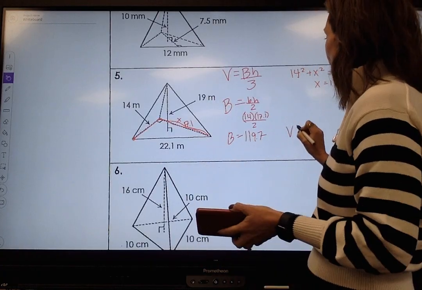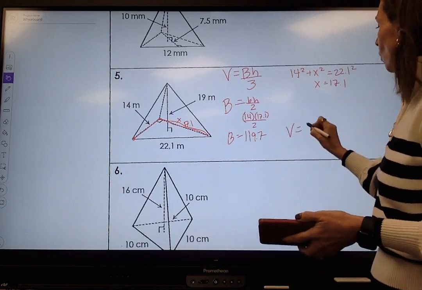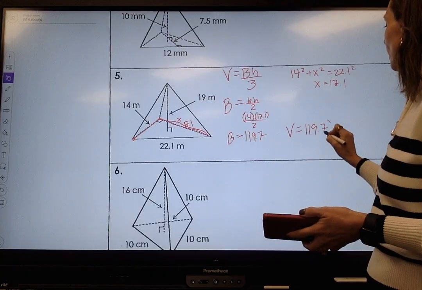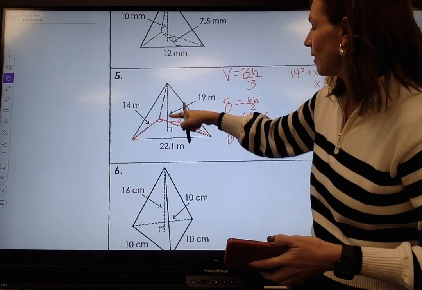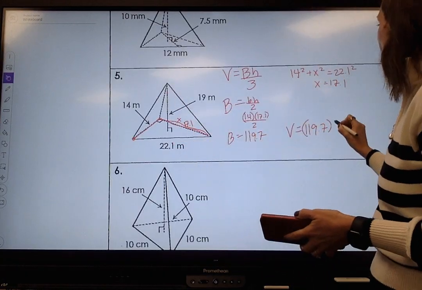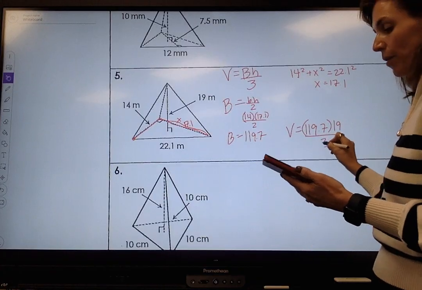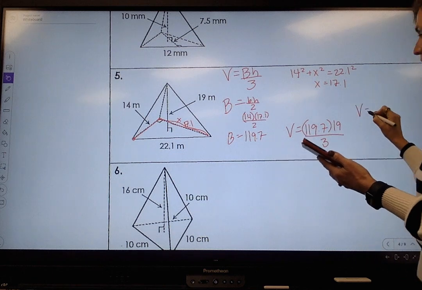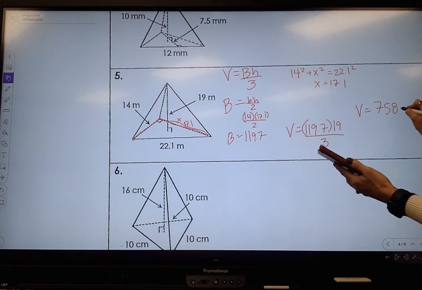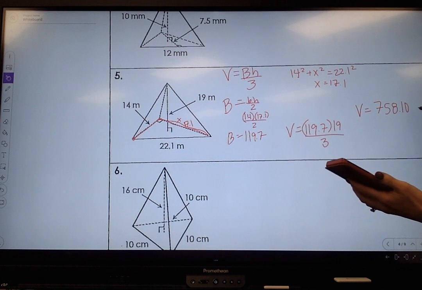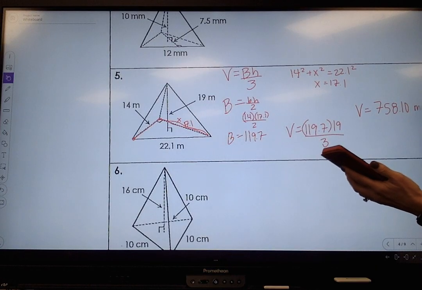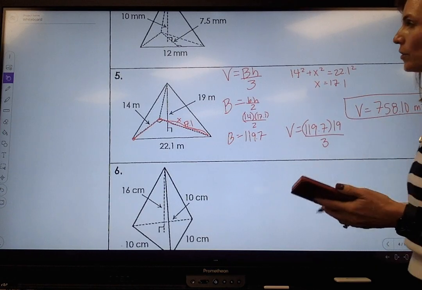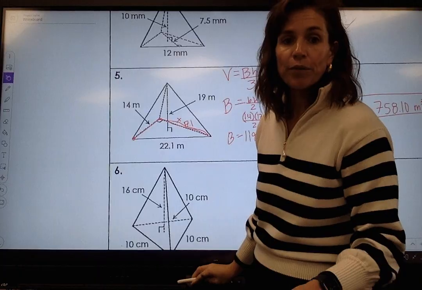So now to find the volume, I'm going to take 119.7 times the height of this pyramid, which is 19, all divided by 3. And I get volume is 758.10 meters cubed.